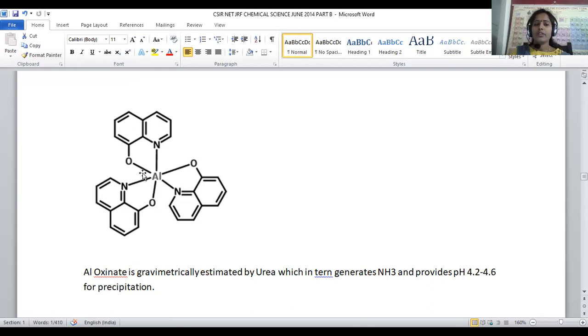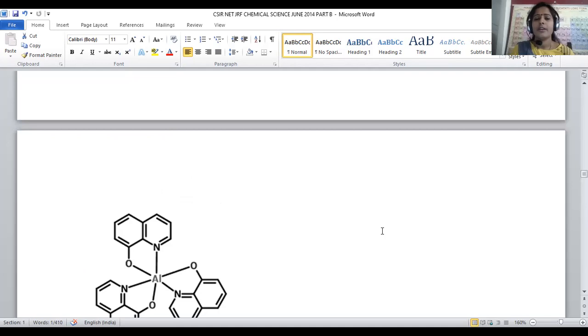In this manner, around the aluminium we have a 1, 2, 3, 4, 5, 6 coordinated complex compound generated. And again, it can be precipitated whenever urea is added. Aluminium oxinate is gravimetrically estimated by treating with urea, because ammonia provides the pH of 4.2 to 4.6, which is the favorable condition for the precipitation reaction.